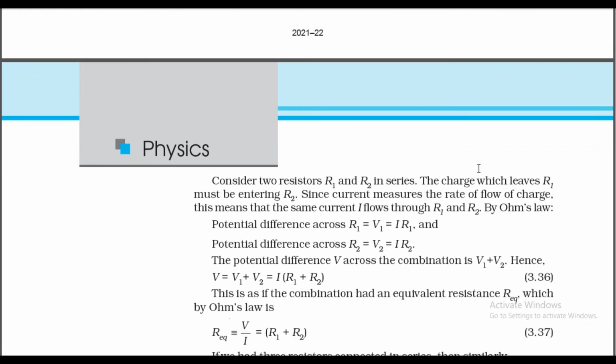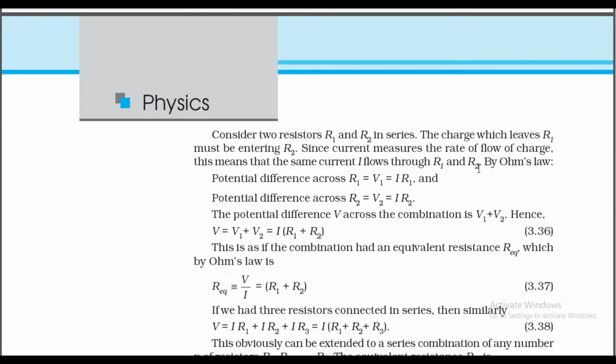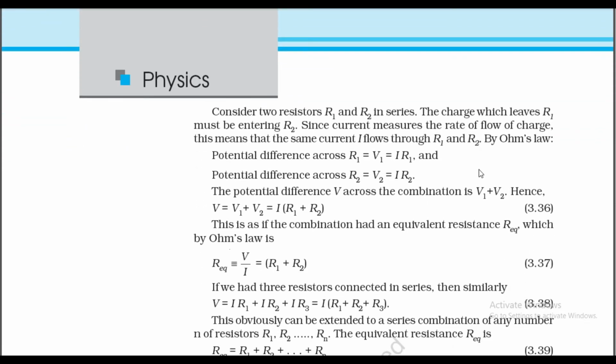Consider two resistors R1 and R2 in series. The charge which leaves R1 must be entering R2 since current measures the rate of flow of charge. This means the same current I flows through R1 and R2. By Ohm's law, potential difference across R1 is V1 is equal to I R1 and potential difference across R2 is V2 is equal to I R2.